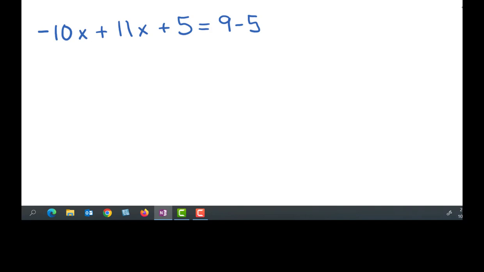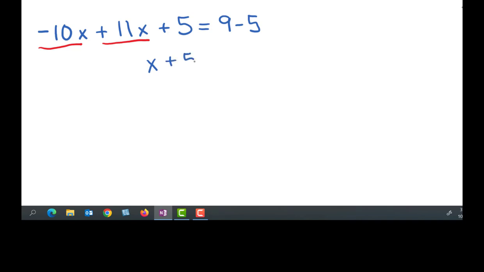So our like terms, now remember you're only looking at one side. On the left-hand side, these are like terms. They combine. You do your math with your coefficients. So negative 10 plus 11 gives us positive 1. So 1x, you don't have to write a 1 in front of the x.